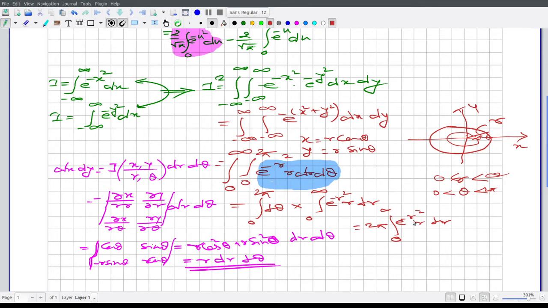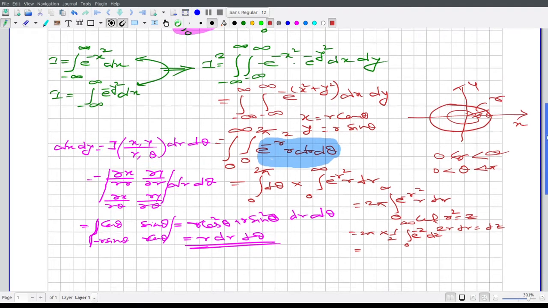Now to solve this, for the time being I am writing r square equals z, so twice r dr equals dz. So r dr equals dz by 2, and we can write 2 pi into half common, 0 to infinity e to the power minus z dz.